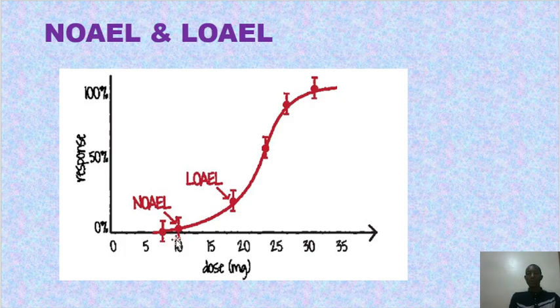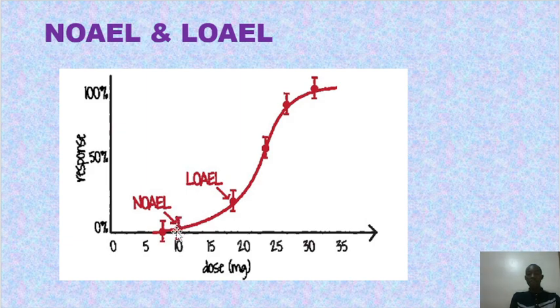On the graph, for example, this is our graph. You can see that for this substance, at 0 there is no response, at 5 no response, until maybe 7. From there we shall begin to see a response, maybe at 10. Because at 10 I'm now seeing a response.